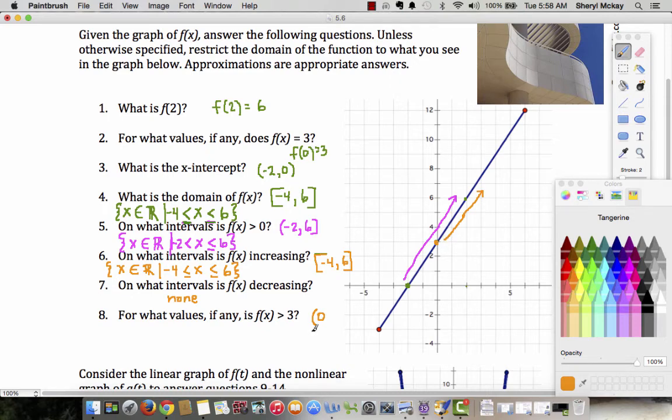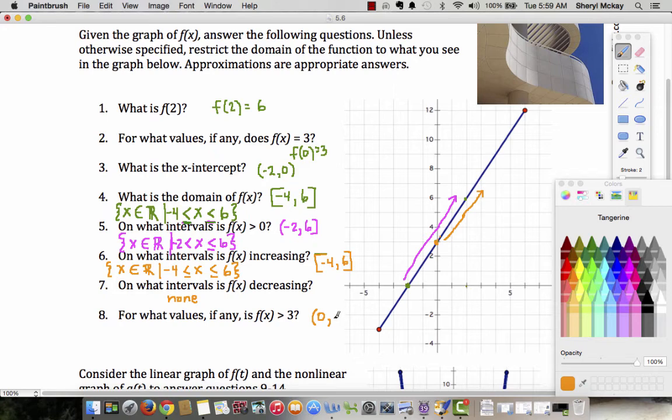That's where it starts, except notice that I didn't put a bracket. I put a curved brace because it doesn't include 3. f of x has to be greater than 3, so anything bigger when x is bigger than 0, right there, right there, all those little spots along the line, but not on 0 when x is 0.